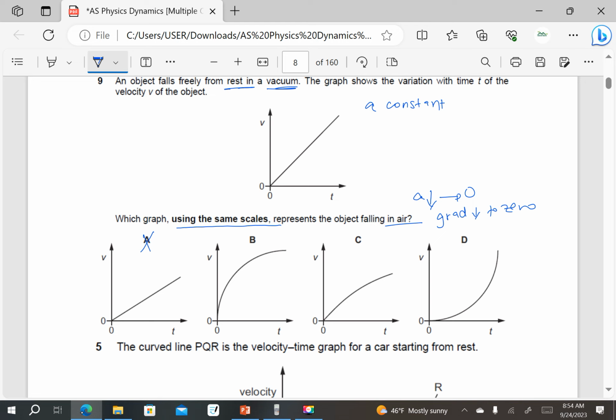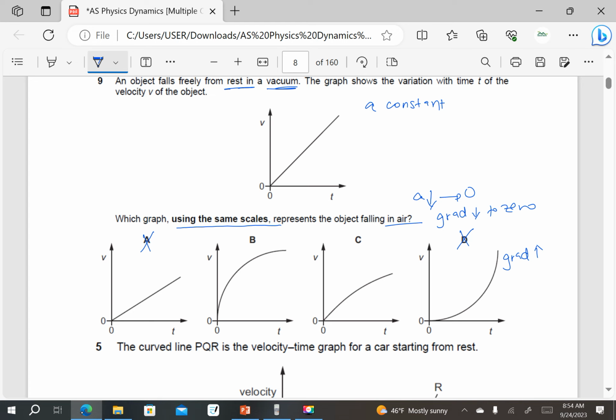So D is automatically wrong because it shows that the acceleration increases, because the gradient in D is increasing. So we have to choose between B and C.